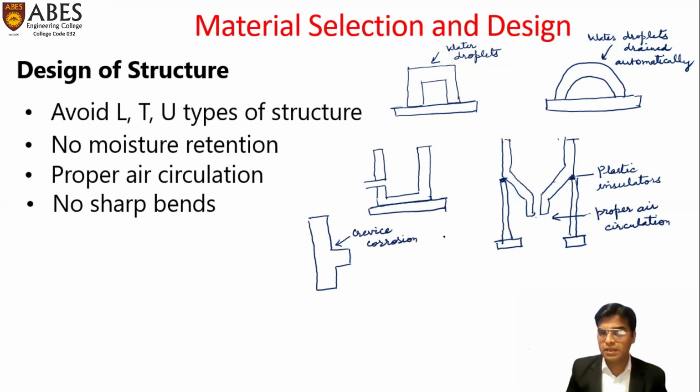Alternatively, we can design it as the structure having the smooth bends. So here we have sharp bends which causes crevice corrosion, but here we have smooth bends. It is having sharp bends and it is having the smooth bend.